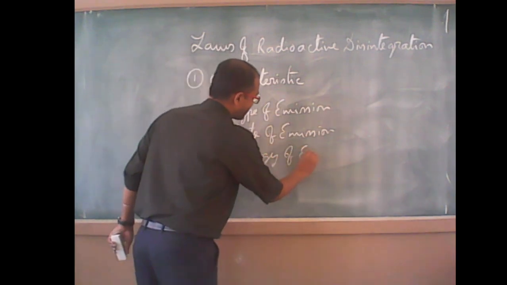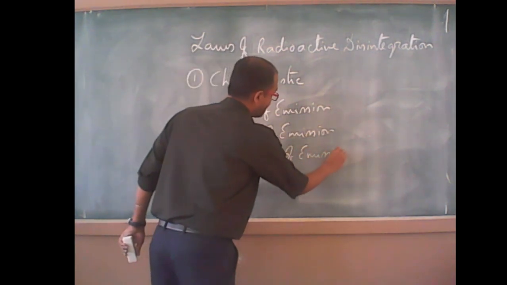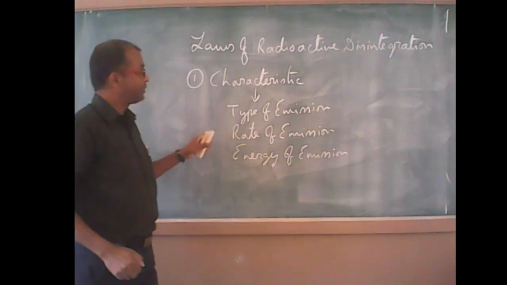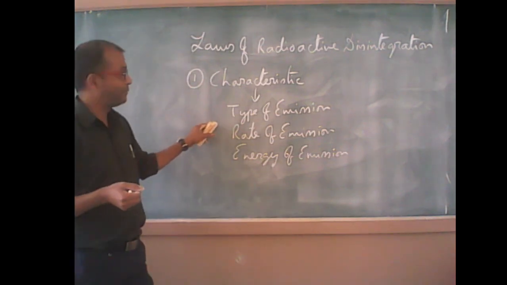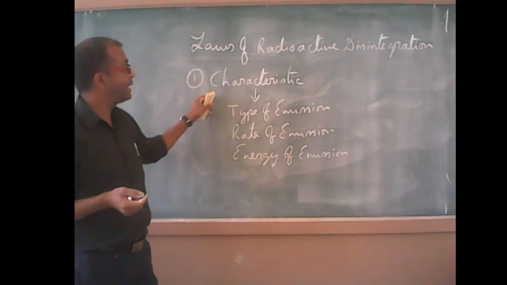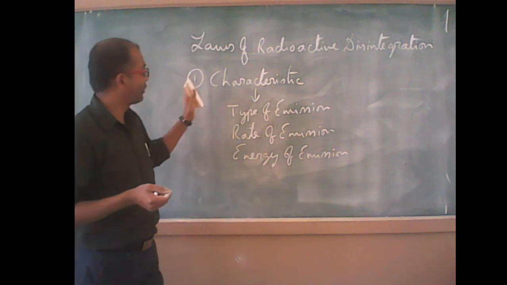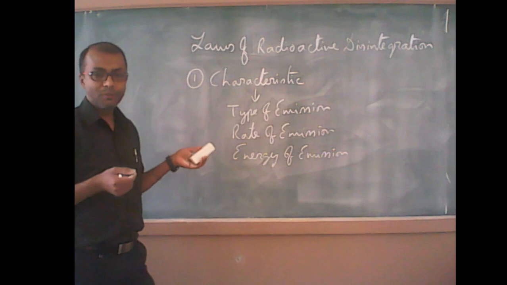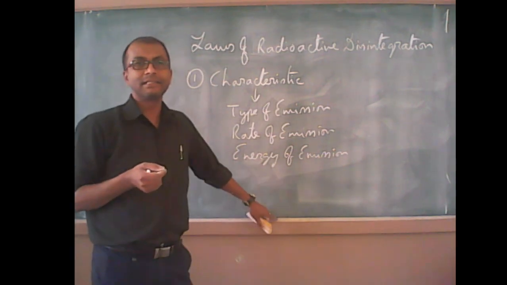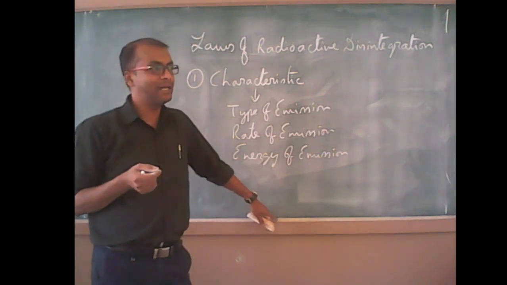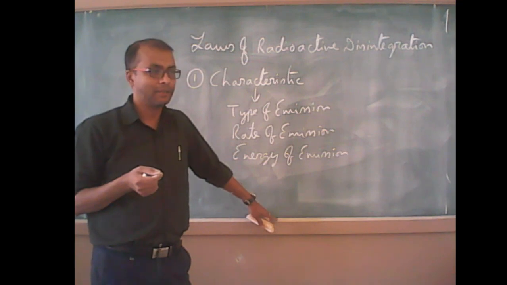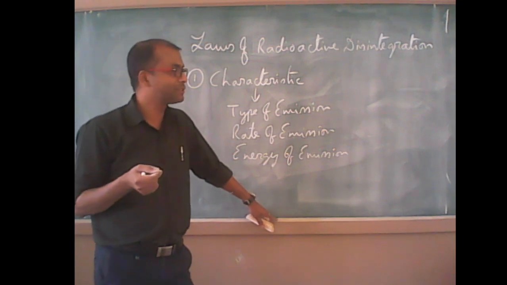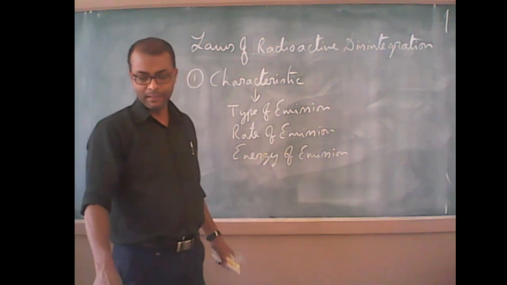So this is characteristic of the element exhibiting this phenomenon. It is not uniform across all the elements. That is what is meant by the first point of the laws of radiative disintegration: the phenomenon of radioactivity is a characteristic of the radioactive element. It differs from element to element.